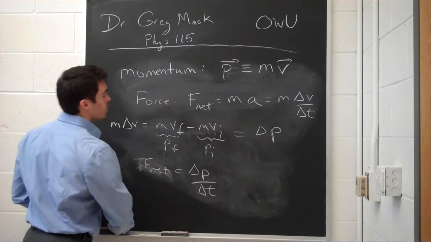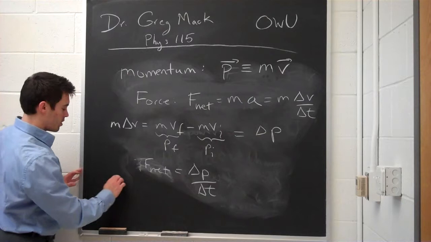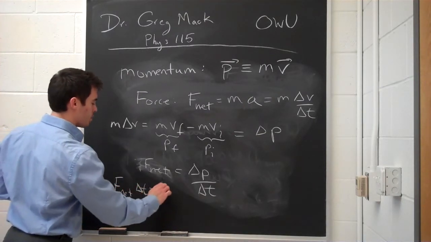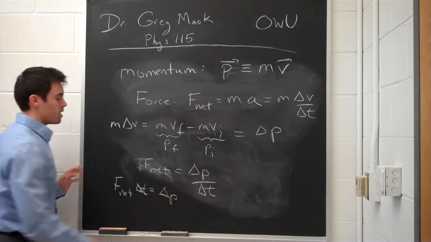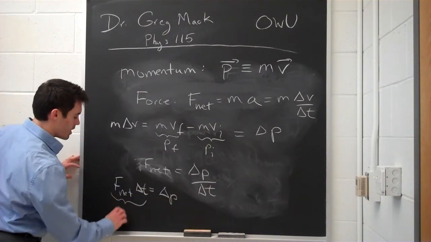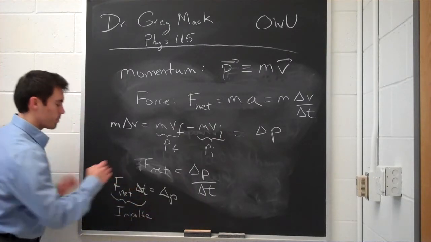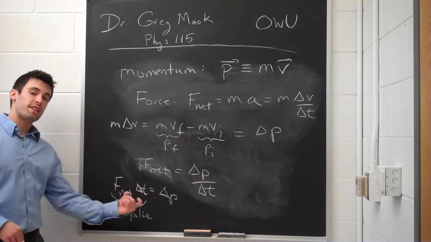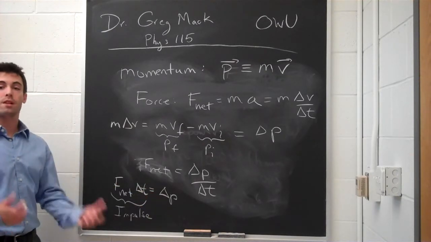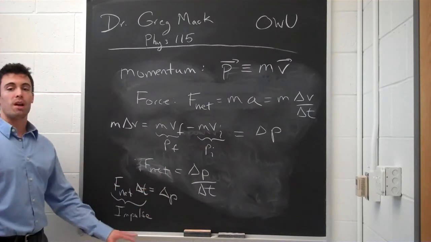And if we simply bring this delta t over here, F net delta t is equal to delta p, then we can actually rename this and call it the impulse. And so some force acting on an object over a given time period is going to be equal to its change in momentum. And so this equation right here is called the impulse momentum theorem.